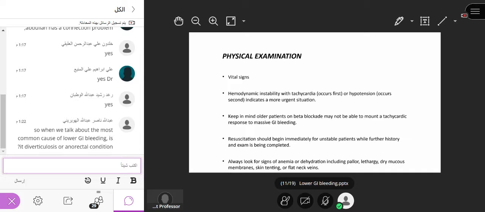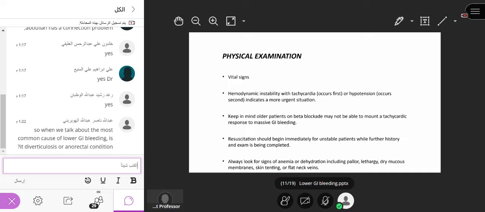In physical examination, evaluation and resuscitation go side by side, because you cannot wait to reach a diagnosis and then resuscitate. If you waste time on evaluation, you may lose the patient because of the bleeding.